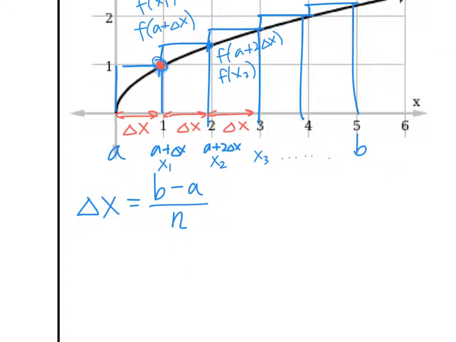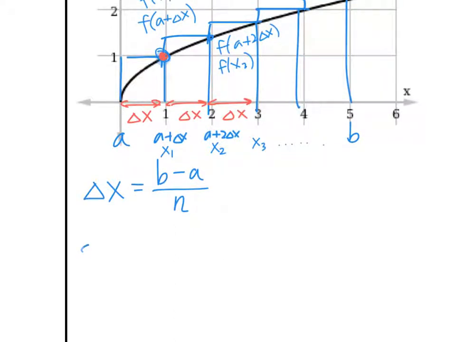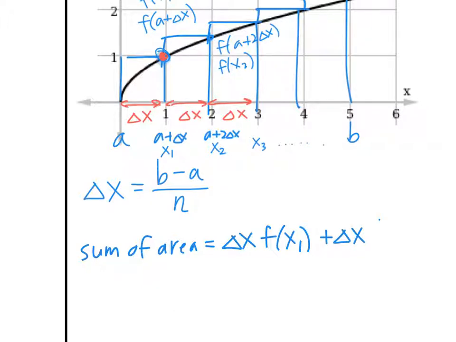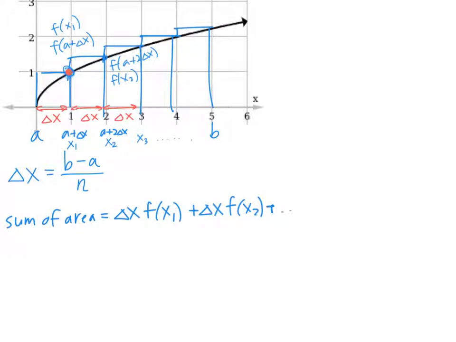Okay, so basically what we can do is say that the sum of the area is equal to base times height plus base times height, and we can do that forever until we get to the last rectangle.